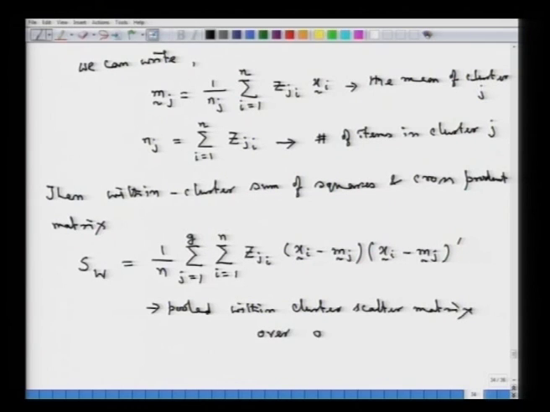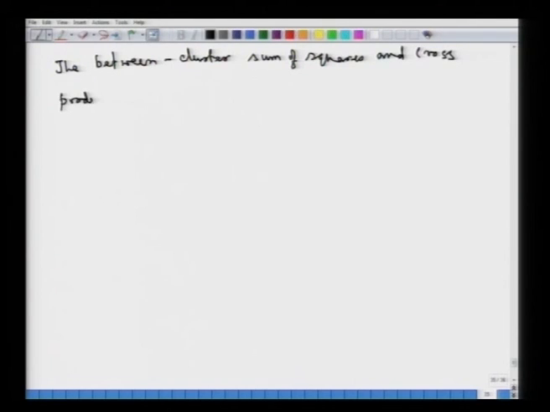over the G clusters. Now, if this is the within cluster sum of squares, one can also define the between cluster sum of squares and cross product matrix, say S B, which is equal to sigma hat minus this S W, which is going to be given by simple subtraction.